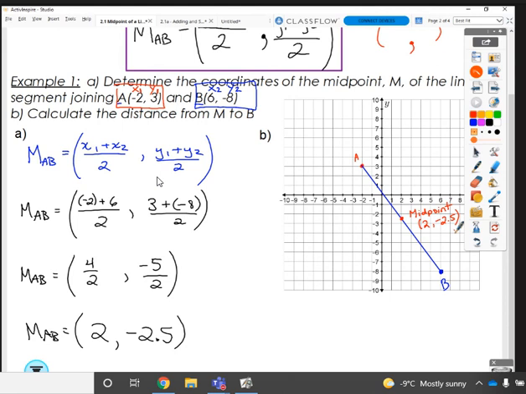Right here it says calculate the distance from M to AB. How would we calculate distances here? Do you have any ideas? This is where we're really reaching back into our grade 9 toolkit. From the midpoint to B, what if we created this right triangle from those two coordinates?